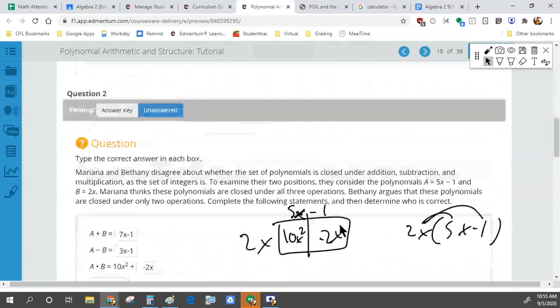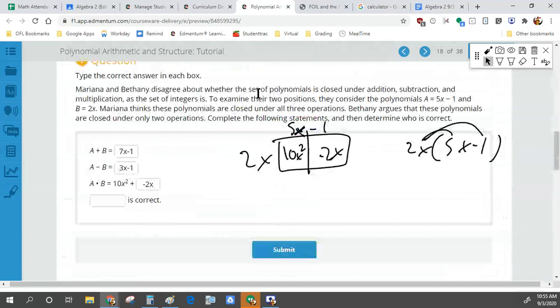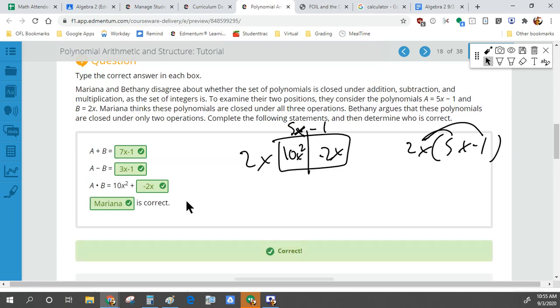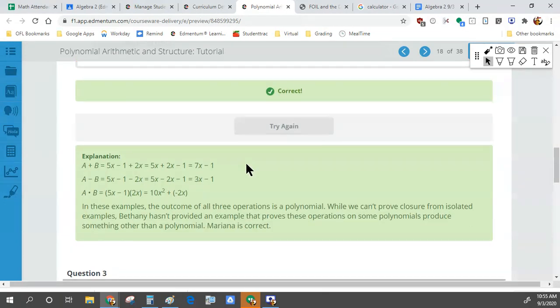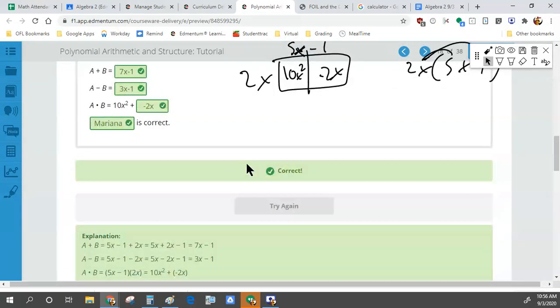I don't know who's saying it is closed and who's saying it isn't. Oh, Marina thinks they're closed. So Marina's right because they are closed. I'm still getting a polynomial, so they're closed. If I got something weird that was not a polynomial, then I would say that the other person, Bethany, would be correct.